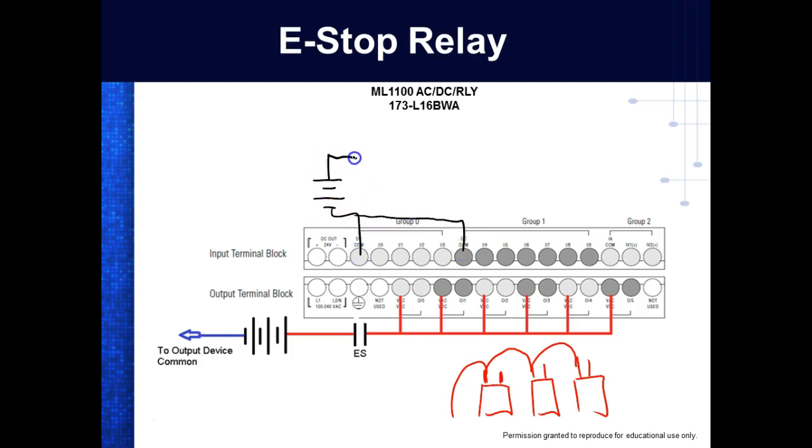Then we would run this to positive. We would come up here, and this right here is where we hook our push buttons. It might be where we hook up a solid state sensor, or a limit switch, and each one of them will go to a different input. But my input devices are using the positive as the common, and then my PLC would be using the negative as common.